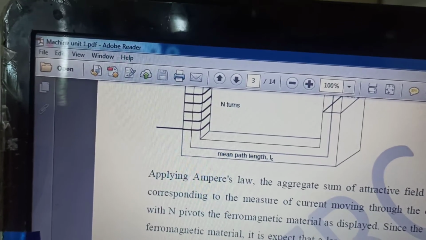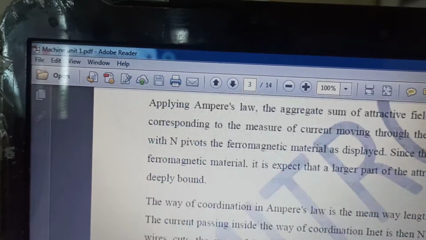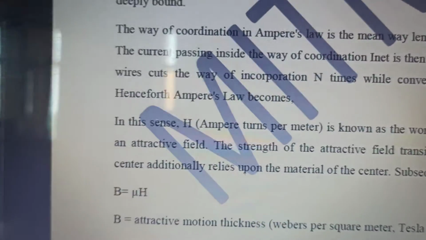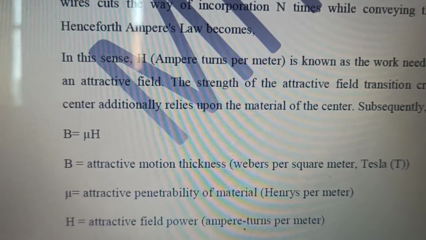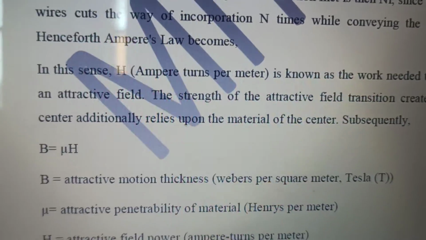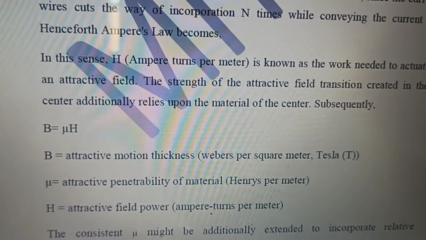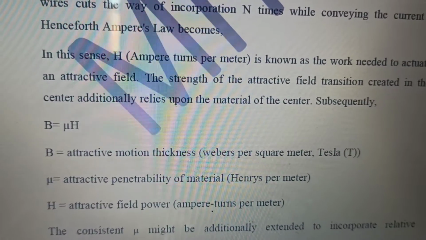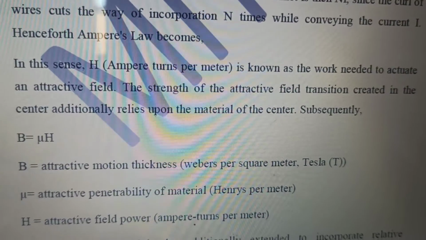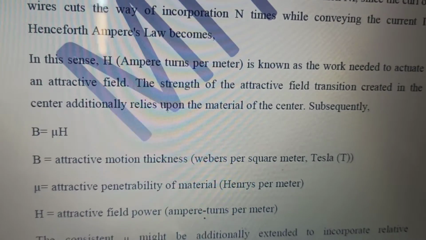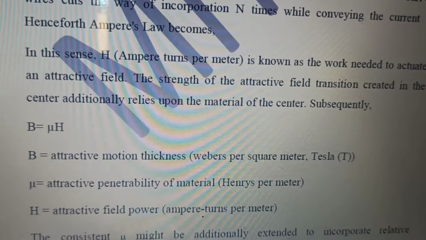That is Ni, and the curl gives the incorporation of N times the term I. So Ni will automatically give us HL, because if we take the number of turns to be N, the current passing through N turns will be Ni. And now this Ni should be equal to H times L from Ampere's law.